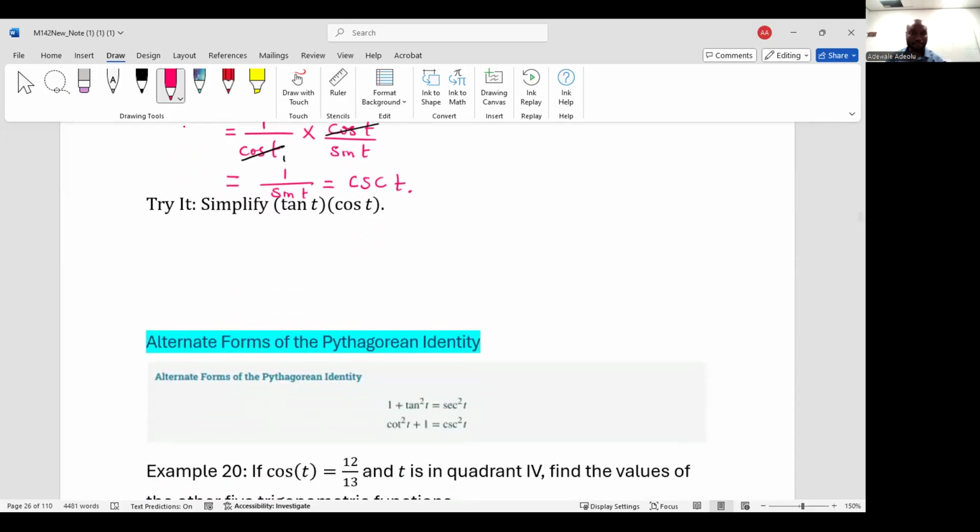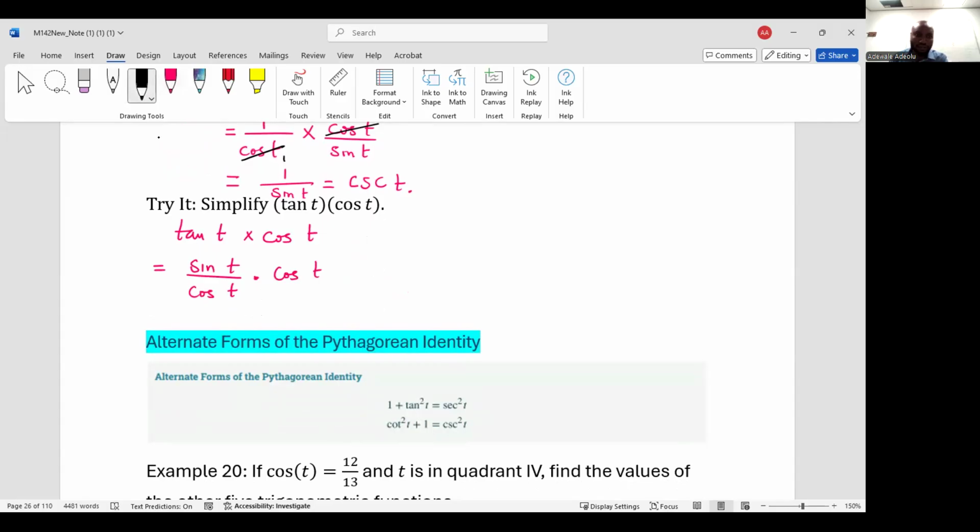What about this? Simplify tangent of angle t multiplied by cosine of angle t. So which is, tangent is sine of angle t divided by cosine of angle t, times cosine of angle t.